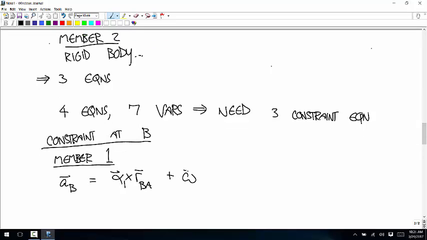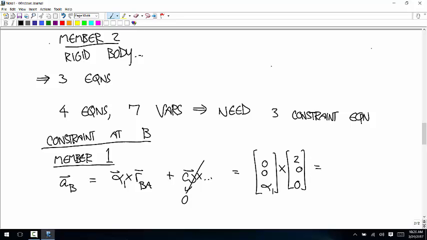And then plus omega cross terms, which are all 0 because it was specified that there's no angular velocity at that point. That's 0, 0, alpha 1 crossed with the r vector from A, which is 2, 0, 0. And so that is 0, 2 alpha 1.